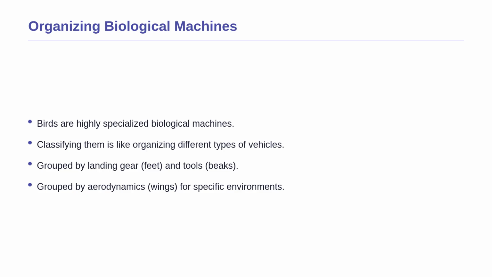Every bird is a highly specialized biological machine, perfectly adapted for its specific environment, diet, and mode of flight. By looking at their feet, which act as landing gear, their beaks, which serve as tools, and their wings for aerodynamics, scientists can group over 10,000 bird species into logical families.